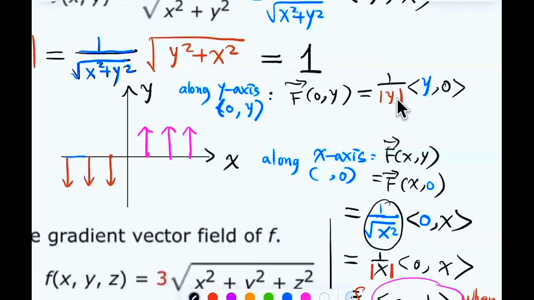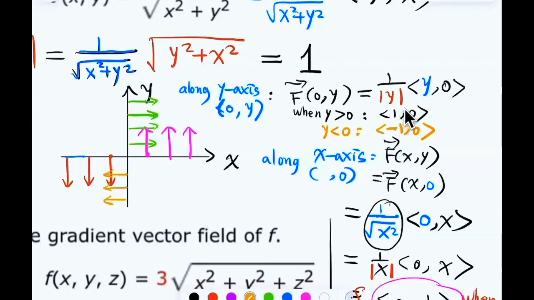Positive 1, right? So when y is greater than 0, this is going to be 1, comma 0. So you're going to have the vector pointing to the right side, going this way. When y is negative, y less than 0, then you have negative 1, comma 0, right? They go this way, pointing to the left.